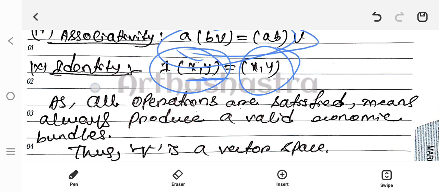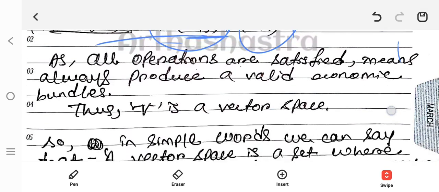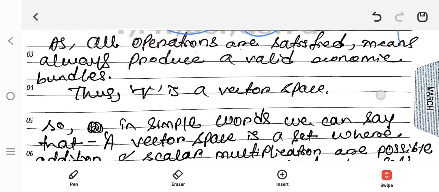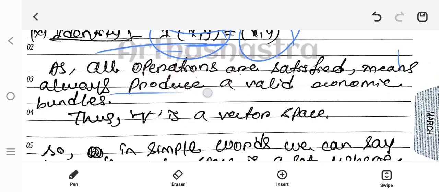So the identity property also holds here, and it indicates that there is no change in production when the scaling factor is 1. So as all operations are satisfied, they always produce valid economic bundles.